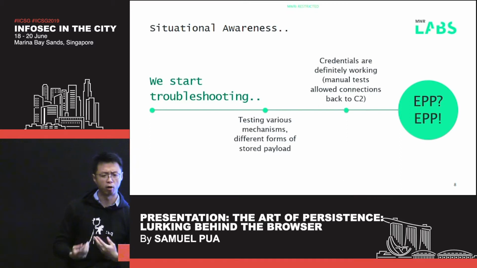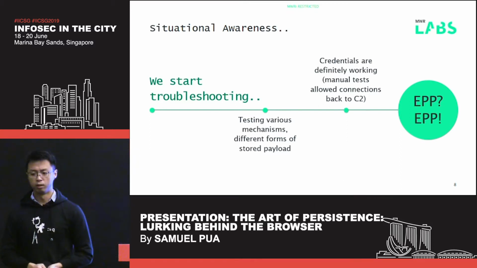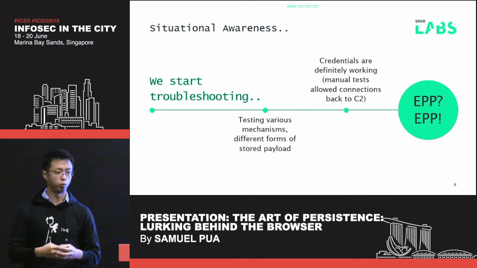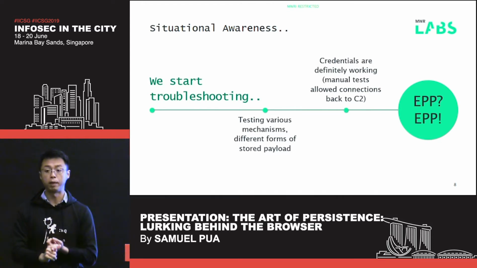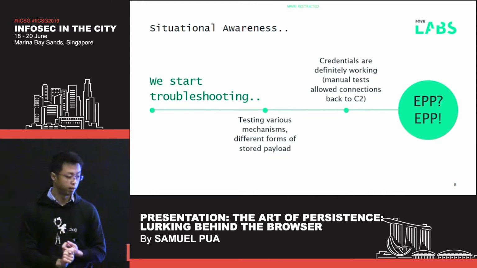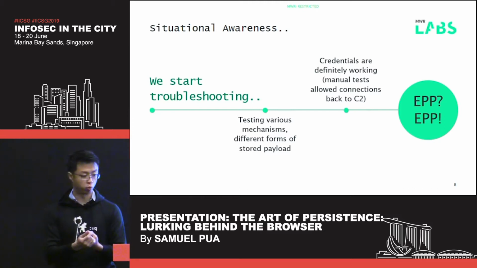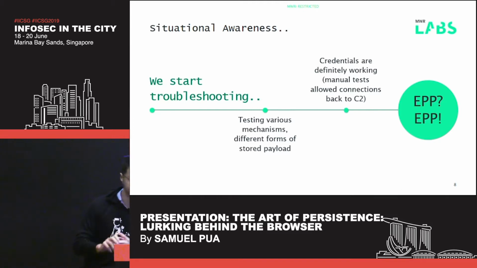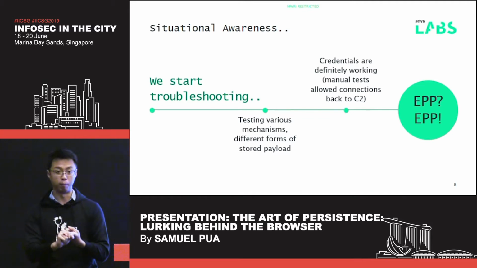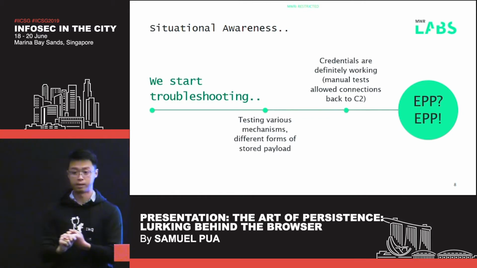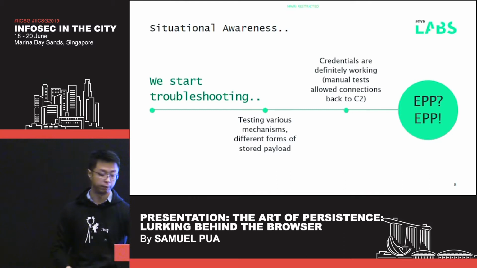So we started to link all this troubleshooting together, and what we know for sure is that stored payloads were not working reliably, and it points to an EPP in place that was preventing it from working reliably.